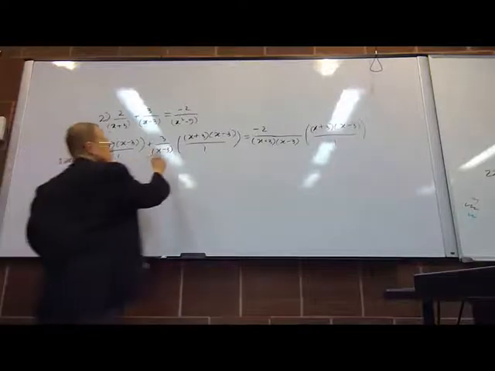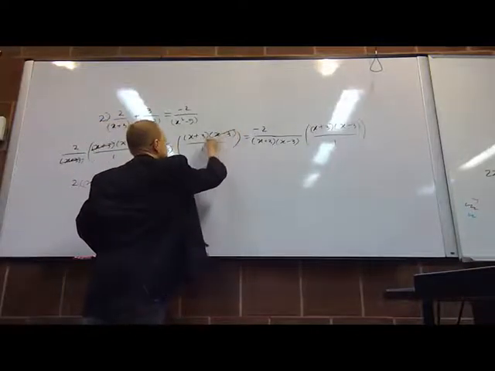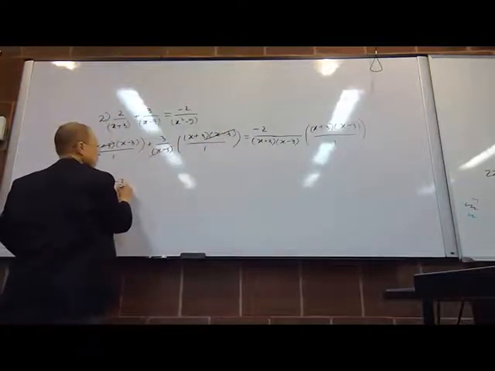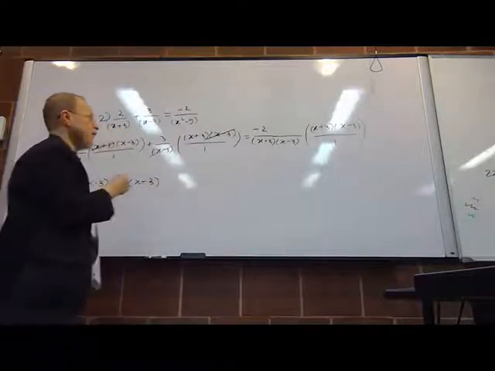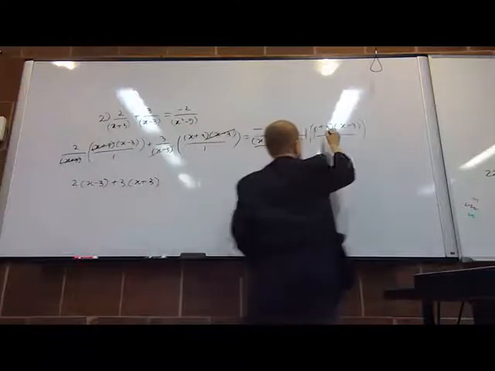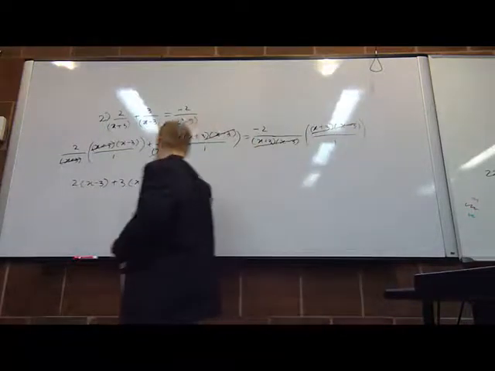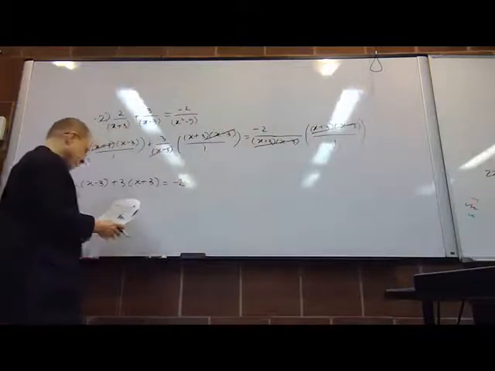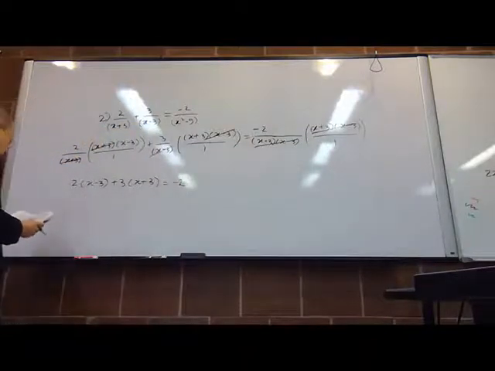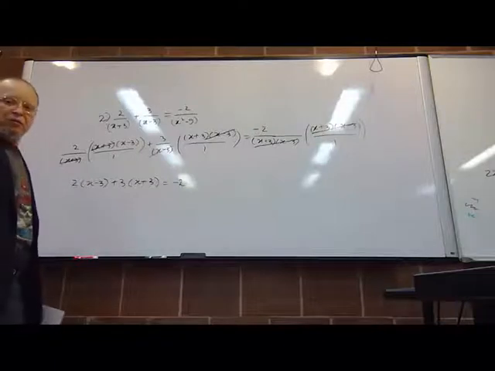Then I do similarly for here. And then I have 3x plus 3. And then here, this whole thing cancels out. And then it's equal to negative 2. So now I have something that looks a little bit more manageable.